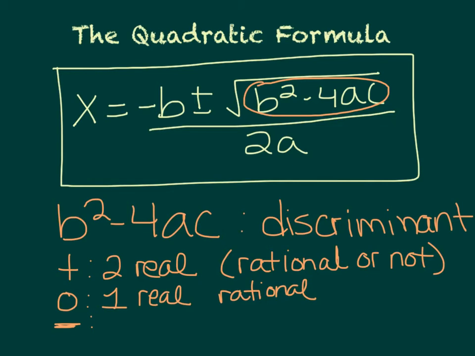You'll get an imaginary solution. You'll get plus or minus, so you get two complex or imaginary solutions. And since imaginaries aren't rational or irrational, you don't have to break it down into one of those.